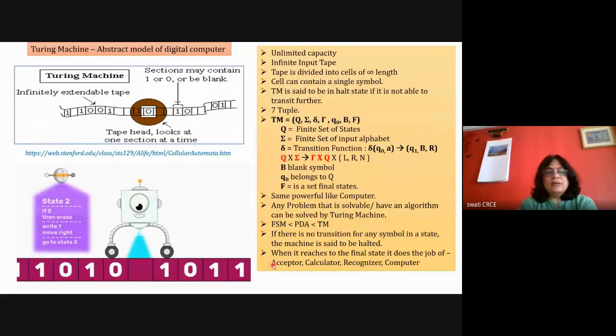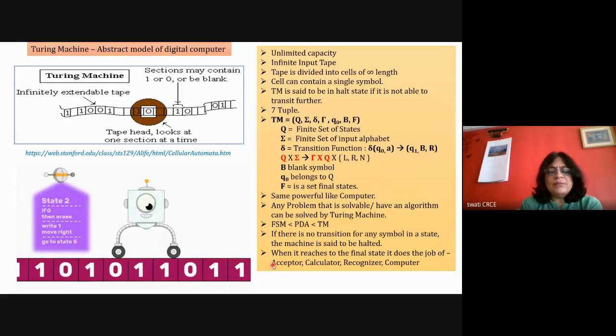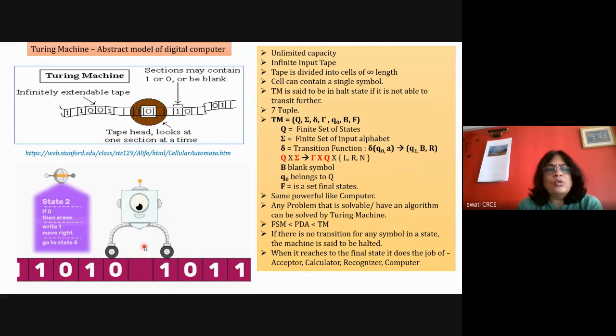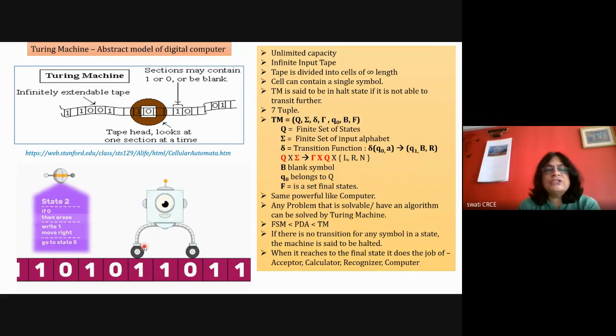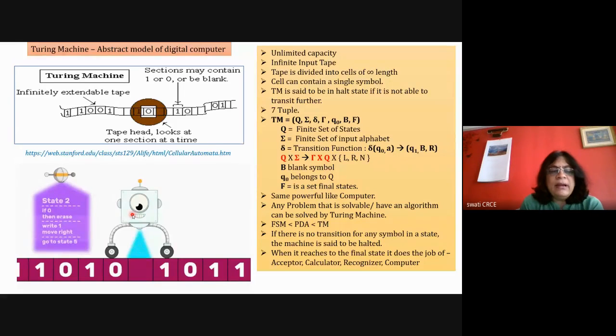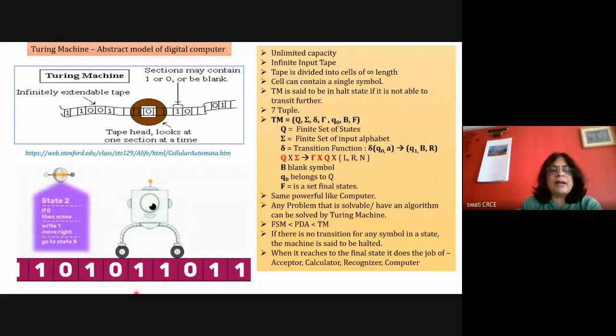The difference from other machines is that the read head here performs both read and write. It is not only a read head, it is a read and write head. It reads the symbol, and it may write the same symbol back, or it may write a new symbol back.